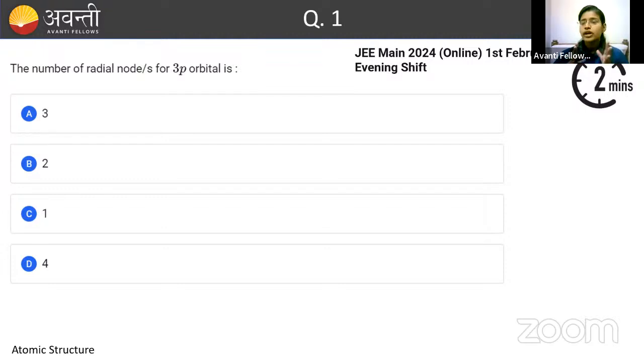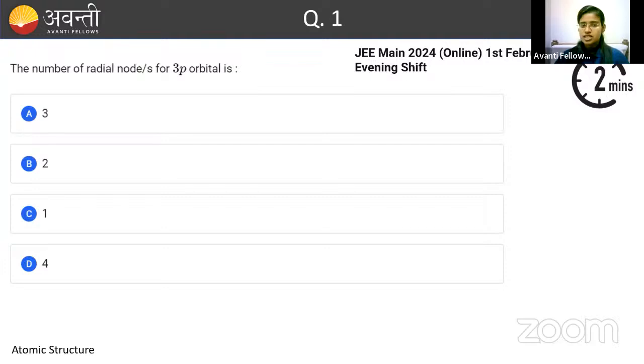How do we find the number of radial nodes? We have one formula, right? Can anyone give me that formula in the chat box? Option C. Very good, JNV model students. You are correct. And may I know the formula to find the number of radial nodes for orbitals?